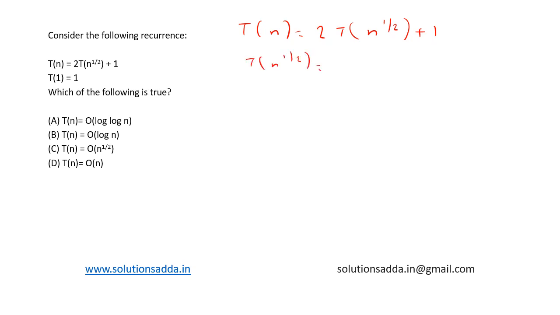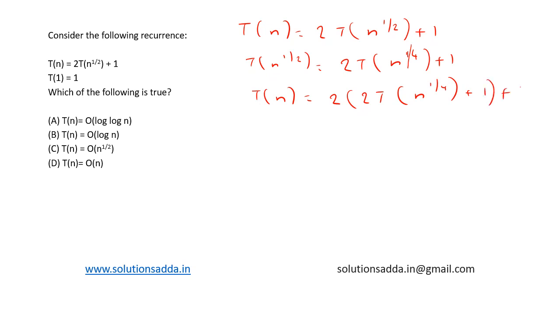2 is equal to 2 into T of n raised to 1 by 4 plus 1. Now substituting T of n, we can rewrite it as 2 into 2T of n to the power 1 by 4 plus 1 plus 1, which is equal to 2 square T of n to the power 1 by 4 plus 2 plus 1.